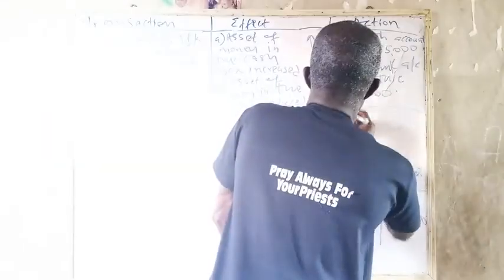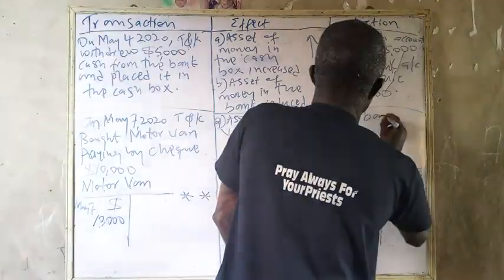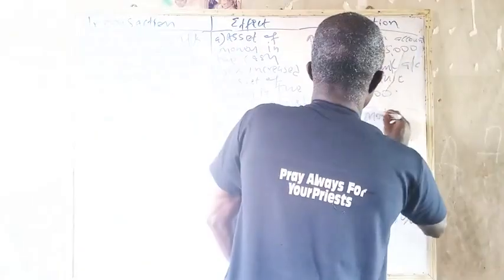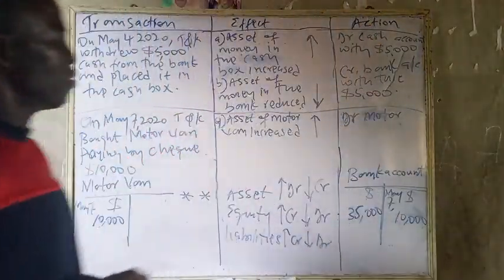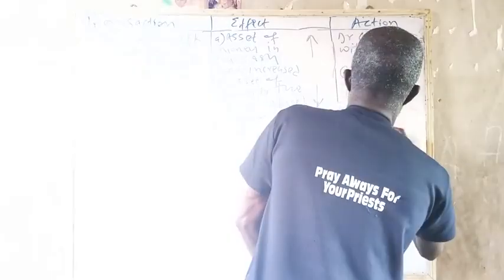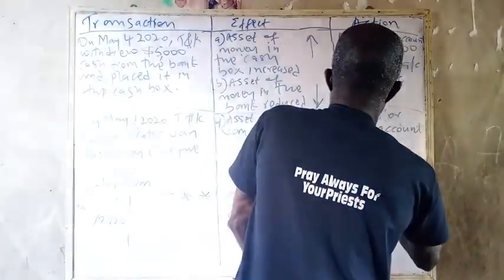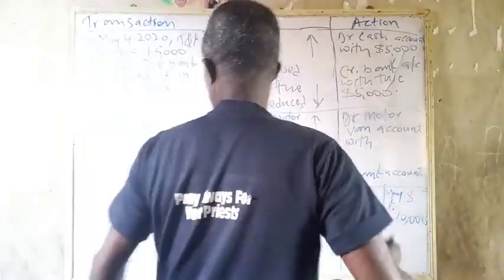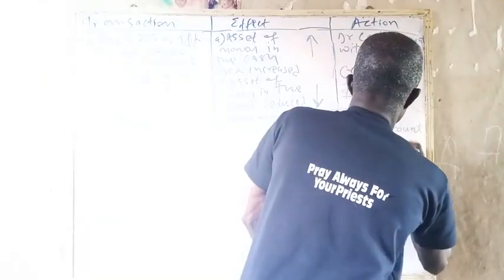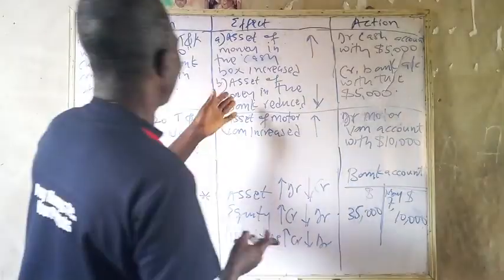That means the action to take is to debit the motor van account. What is the amount? $10,000. What is the second effect?